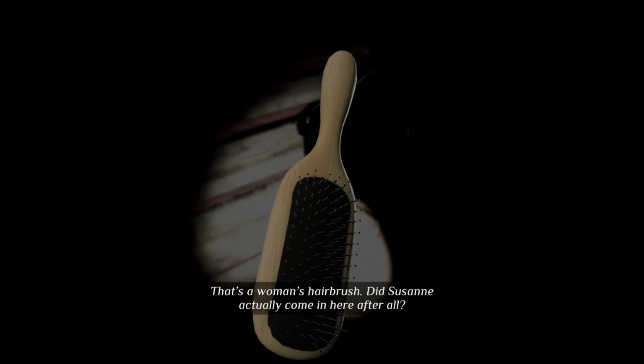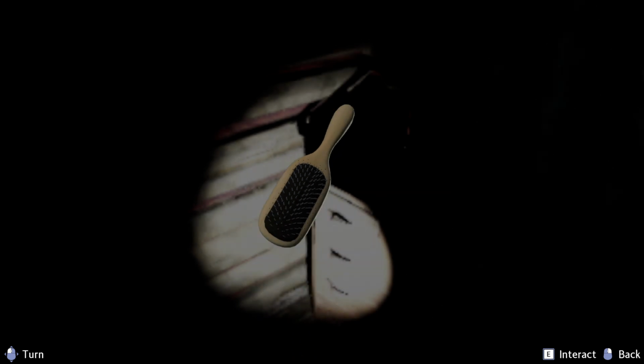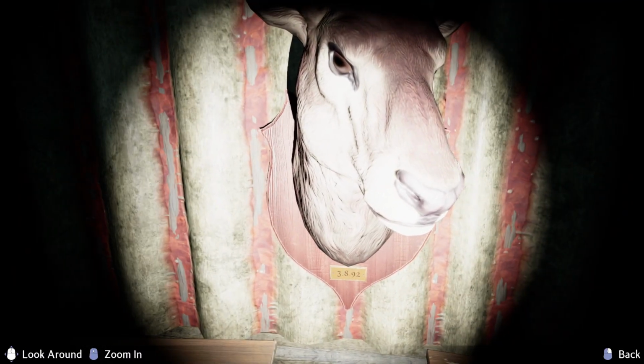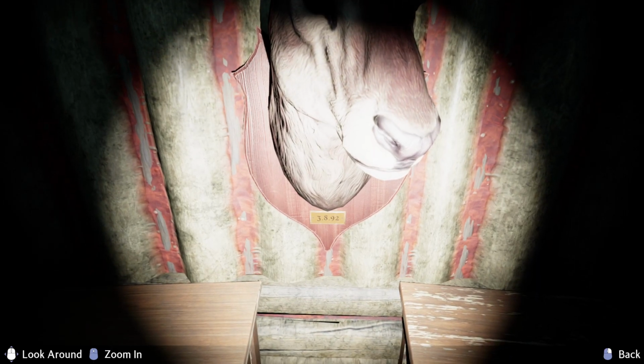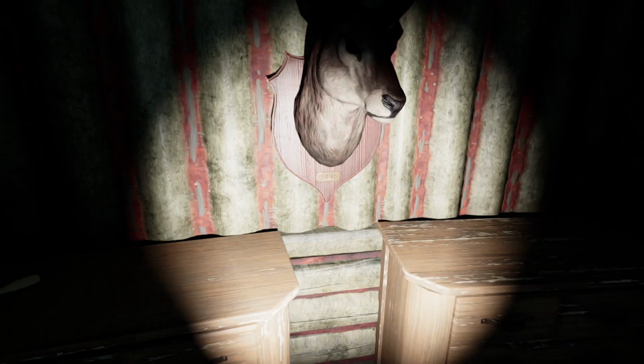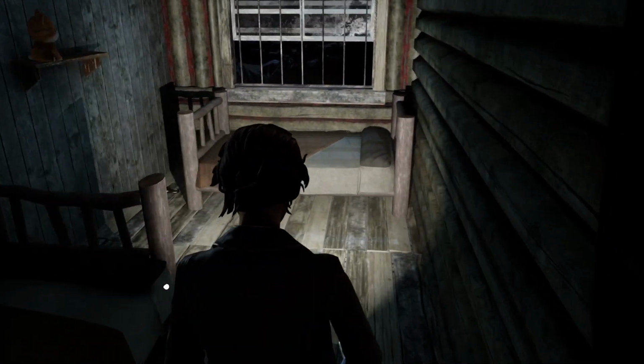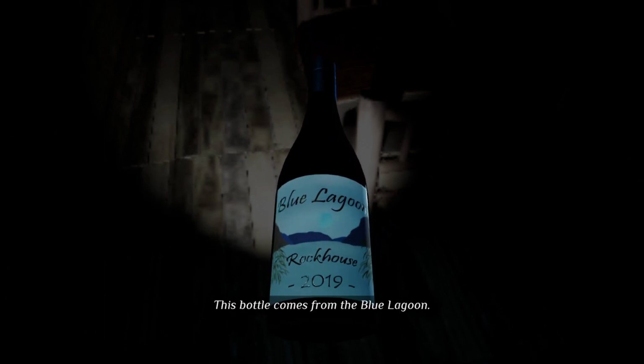That's a woman's hairbrush. Did Suzanne actually come in here after all? Maybe. This bottle comes from the Blue Lagoon.